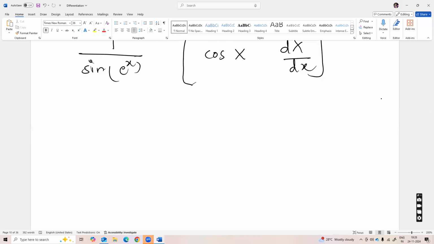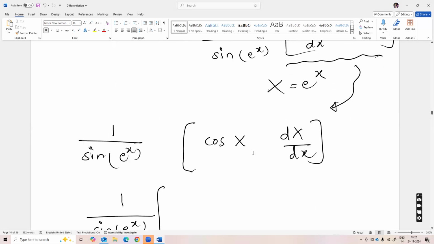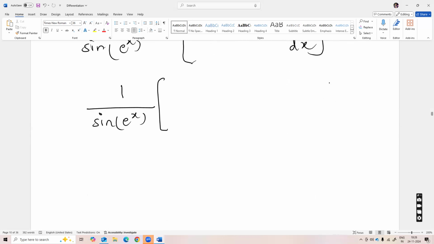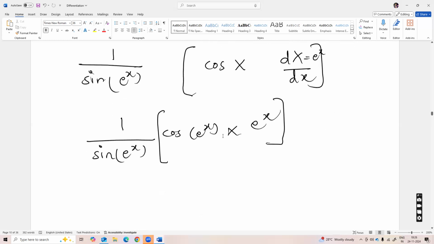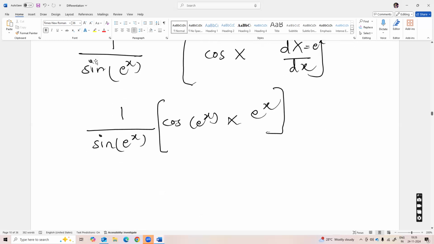So here we got 1 upon sin of e to the power x, into cos X. Resubstituting capital X, we get cos of e to the power x into the derivative of e to the power x, which is e to the power x. So this is how you can first substitute some function like X and Y, and then solve it using the chain rule.